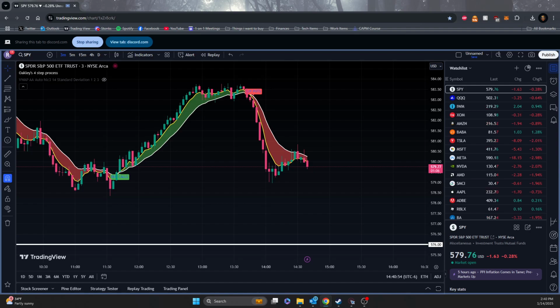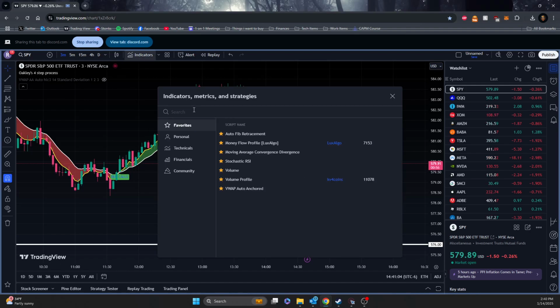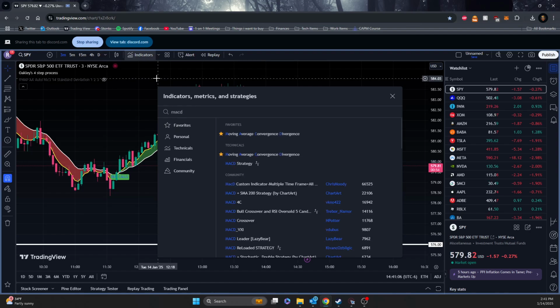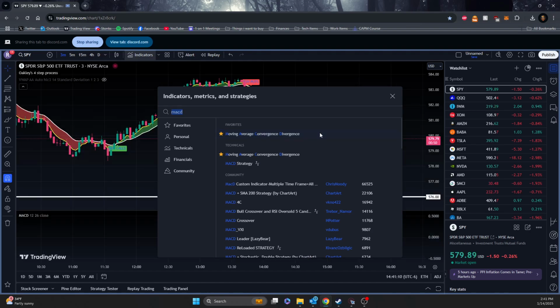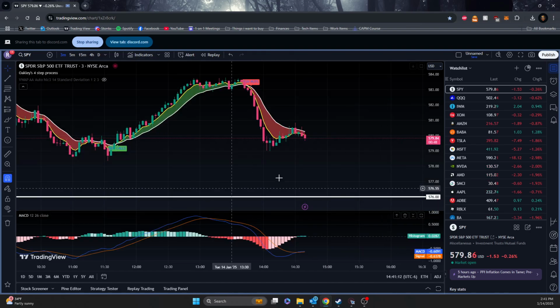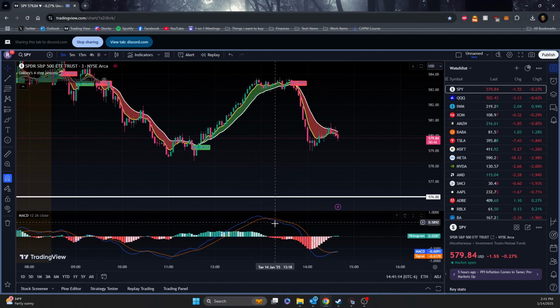How is your program different than a MACD, other than that MACD is not on the same tracing screen? Let's look. Let's add MACD. Okay.